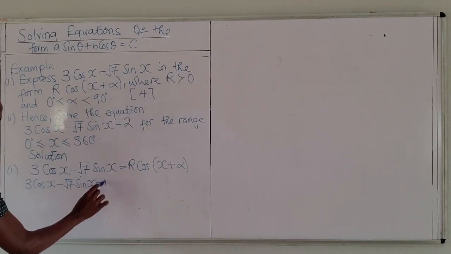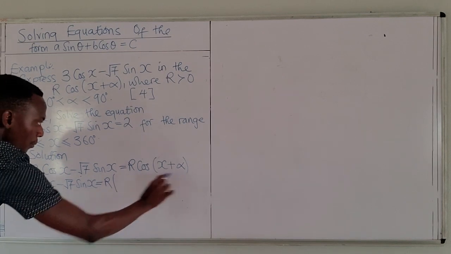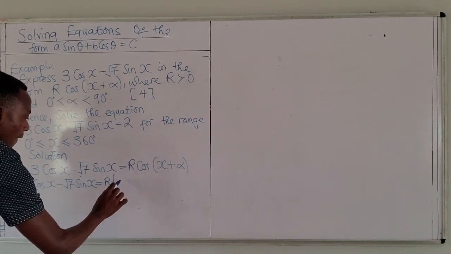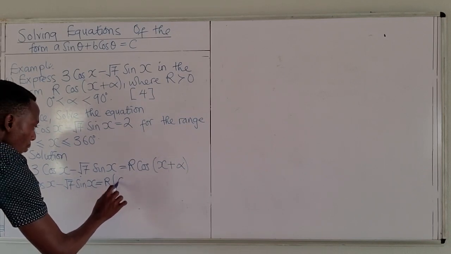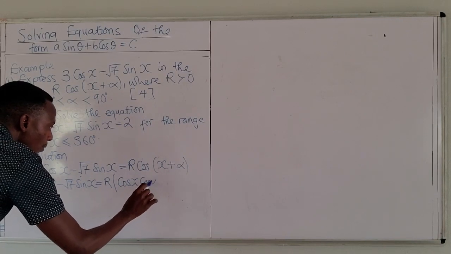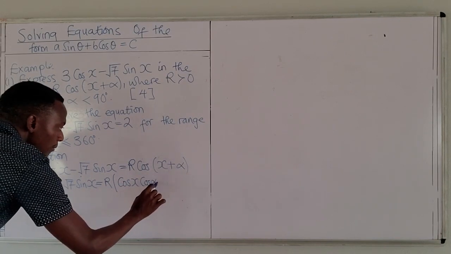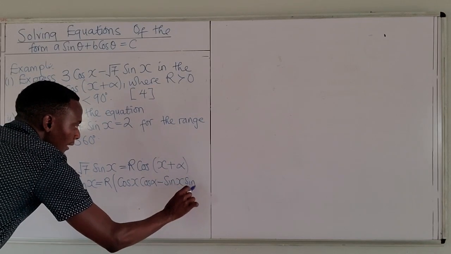This is going to be equal to r, open brackets, using the cosine identities, cos x cos alpha, since here it is plus, minus sin x sin alpha.